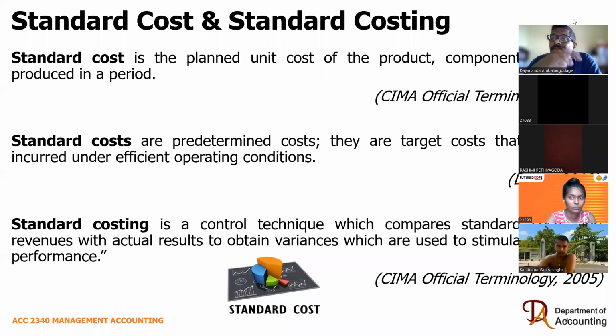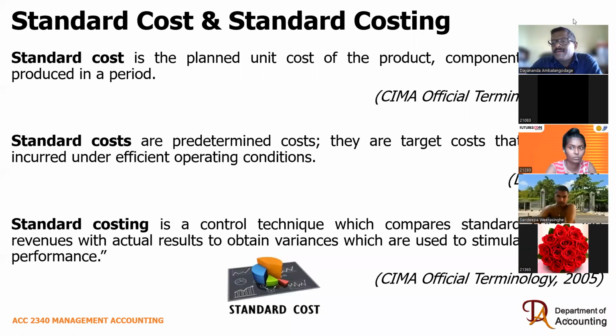Now, we can compare this predetermined cost with actuals. We can compare predetermined units or the usage with the actual usage. So you see that there will be a variance.